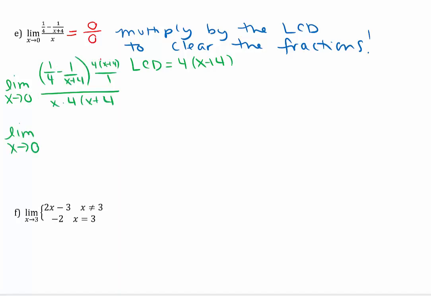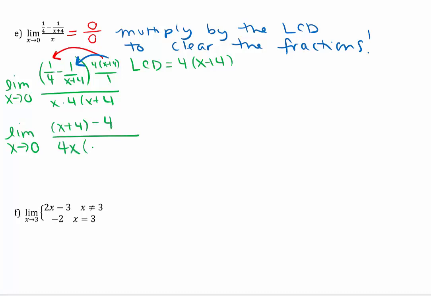In the numerator, if I multiply the LCD by the 1/4, the 4's cancel out, and I'm left with that x plus 4. The second term, the x plus 4's cancel out, and I'm just left with the 4. I'm not going to really do anything with the denominator yet.